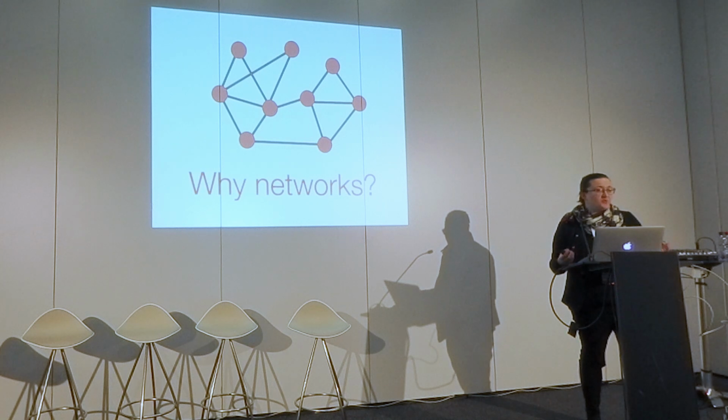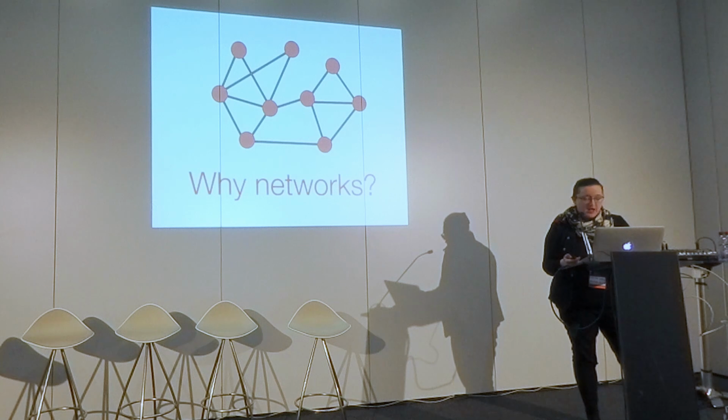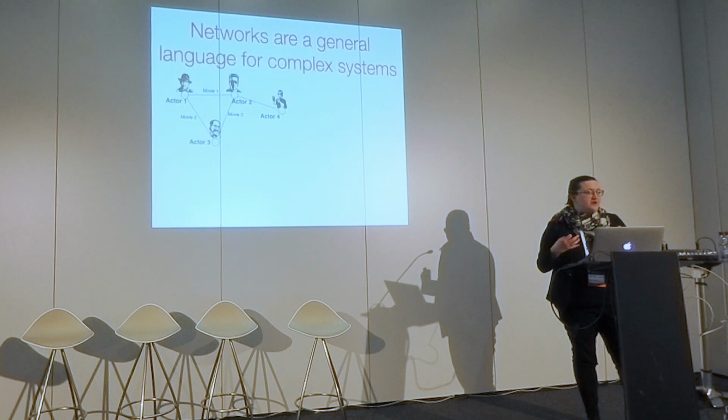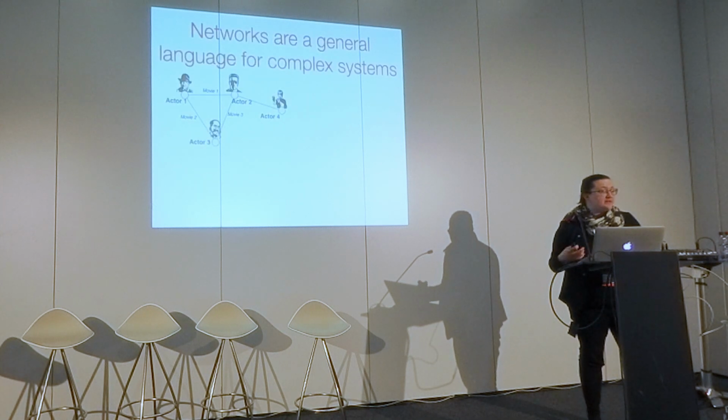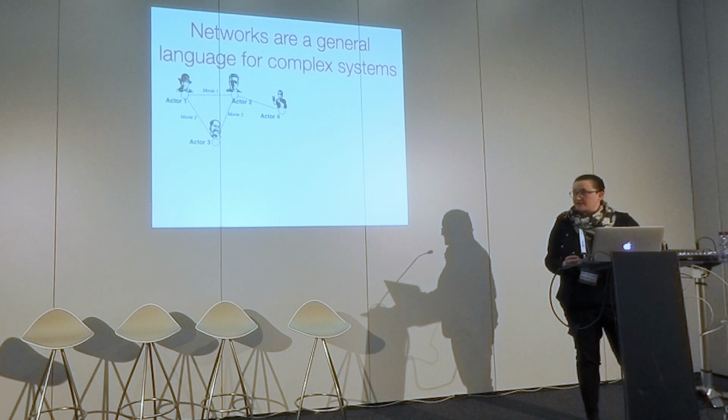So why are networks and graphs the central point of my research? Primarily because networks are a very general mathematical language that allow us to describe very different complex systems.